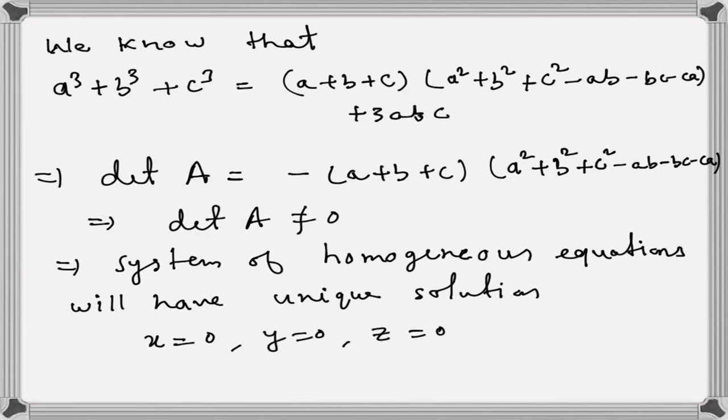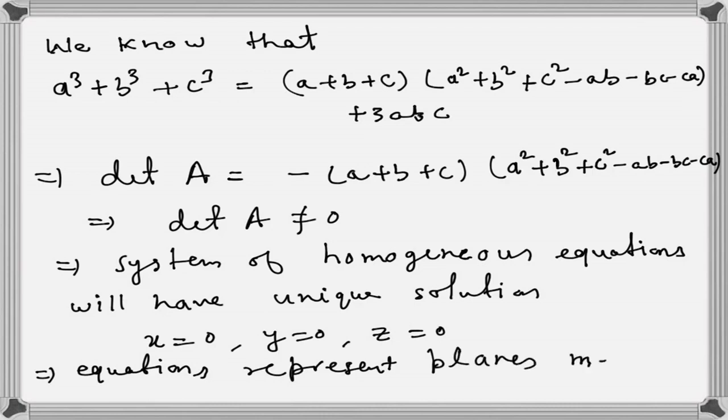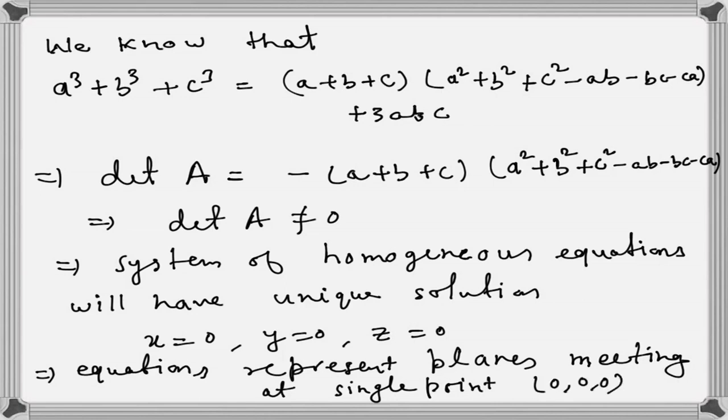So the trivial solution is the only solution. So this implies that the equations represent planes meeting at a single point, which is the 0, 0, 0. Okay. Alright. So let's go to third part.